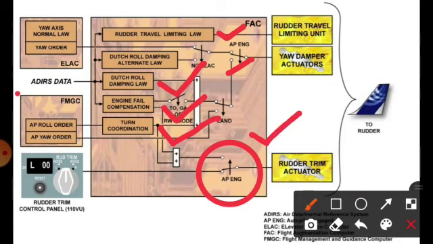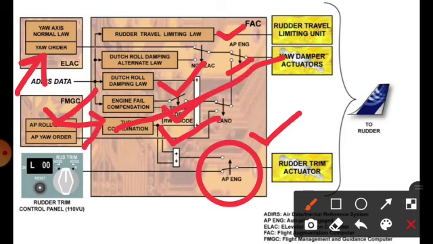One difference you can see here: the data which was previously given by the side stick when the autopilot was not engaged, roll command was given by the side stick to the ELAC. Now the side stick is not operating, so roll commands are given by the FMGC to FAC, and then FAC to yaw damper actuators.